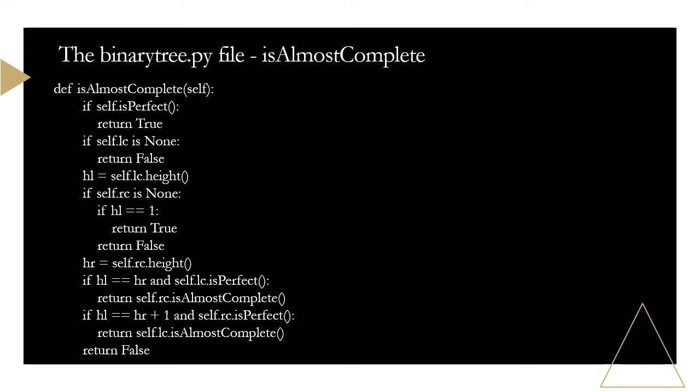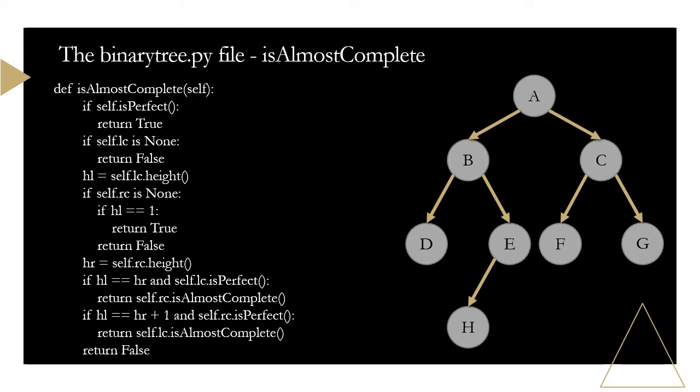We now move towards tracing of this algorithm over this tree. When we start, self points to A. The first thing we do is check if this tree is perfect. Not perfect. So then we check if A has a left child.